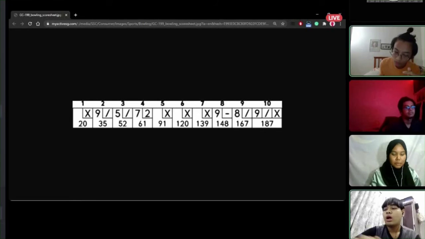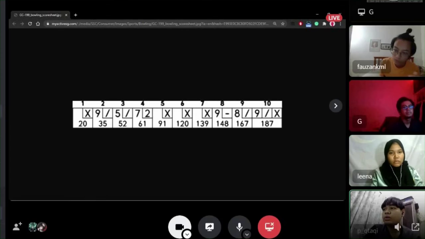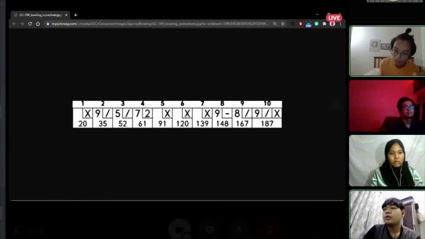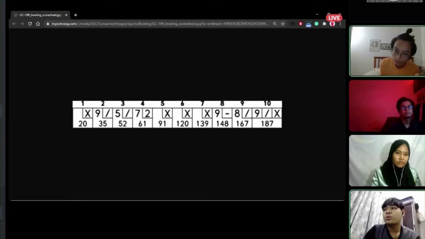And why do we need the number of pins? The number of pins will be the score that we must use. The bowler is allowed up to 2 balls in each frame to knock down all 10 pins, so the number of balls is also an input.